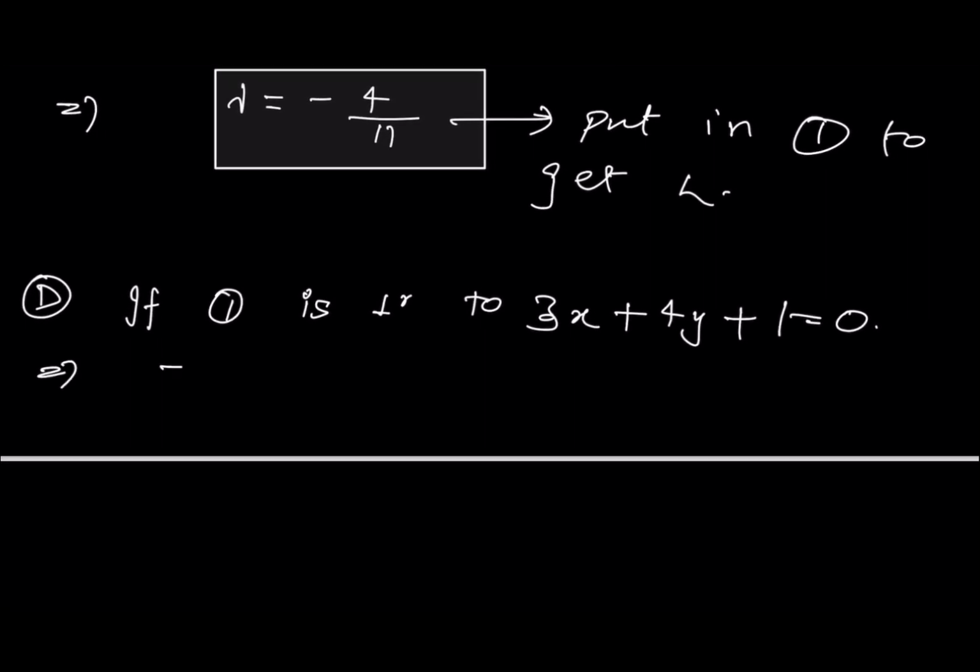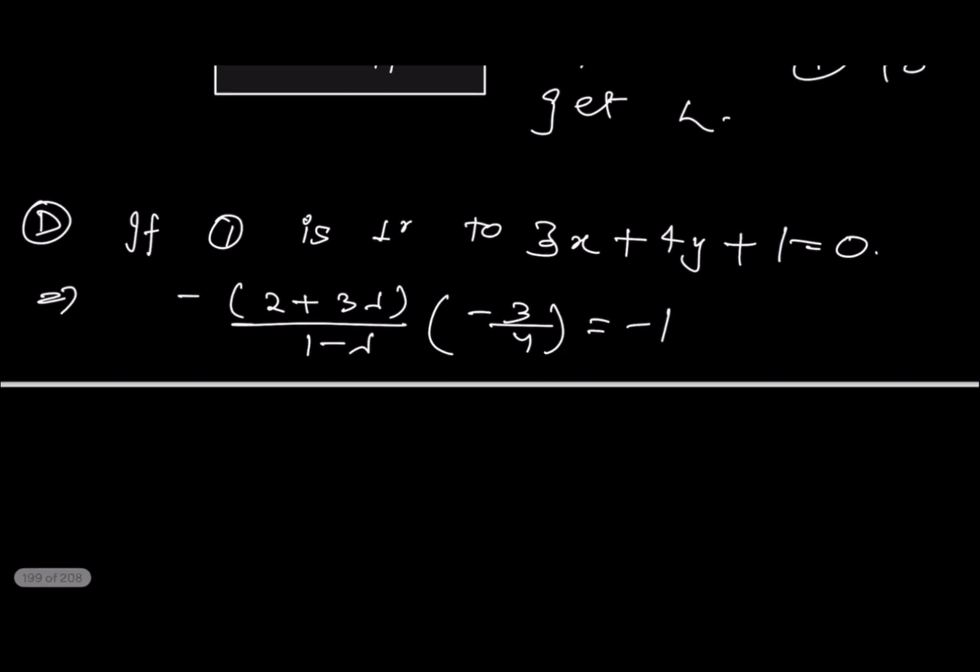So -(2 + 3 lambda)/(1 - lambda) times -3/4 is equal to -1. From here we can get 6 + 9 lambda = 4 lambda - 4, or I can say lambda is equal to -2.